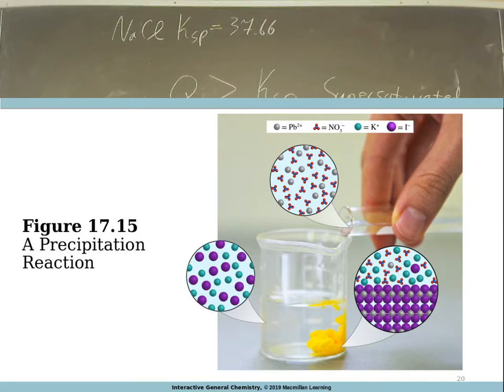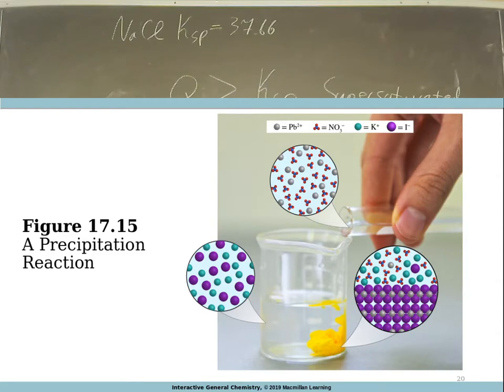Other times, just because of the little nuances and quirks of these precipitation reactions, you can get a solution which is metastable in a supersaturated state. And a good example of that is sodium acetate. If you heat up water, the solubility of acetate goes up.